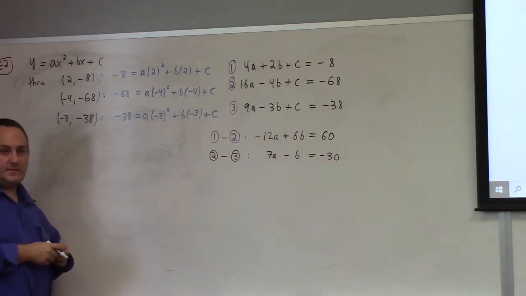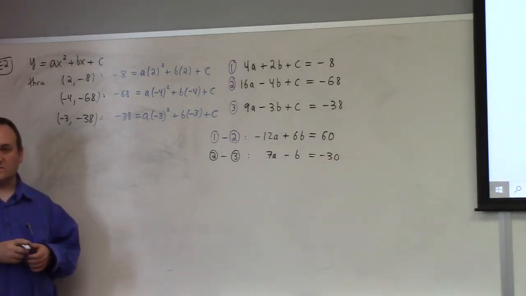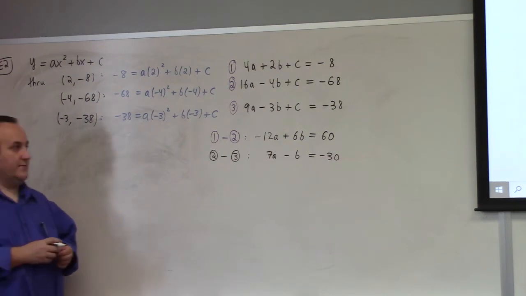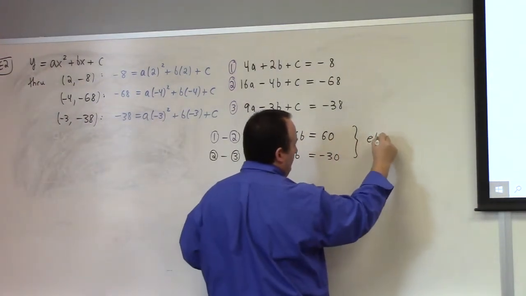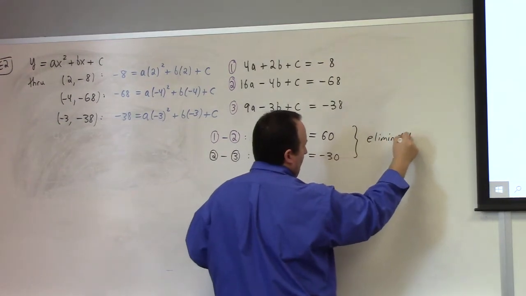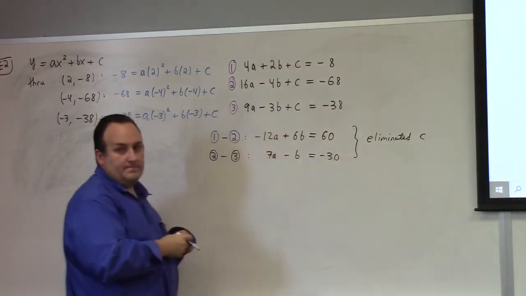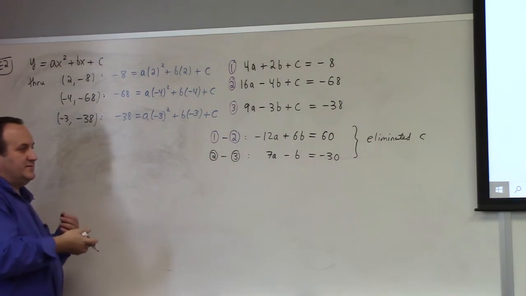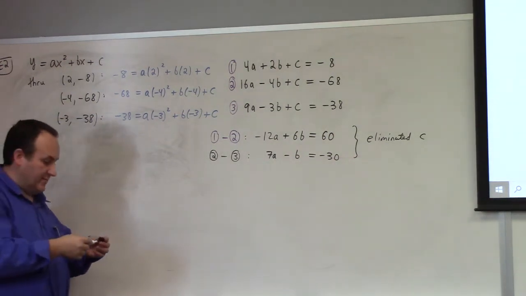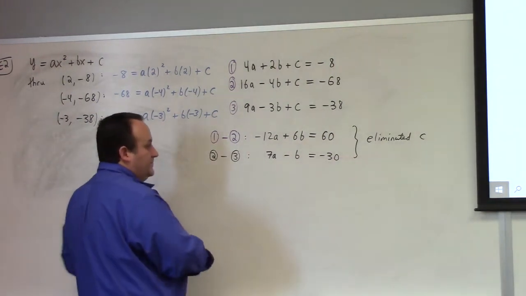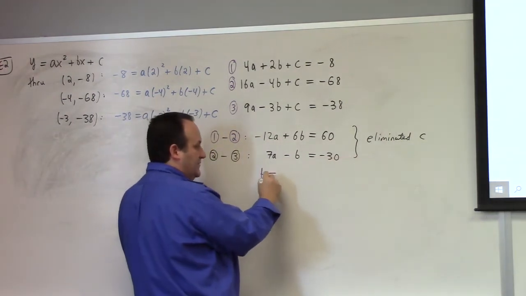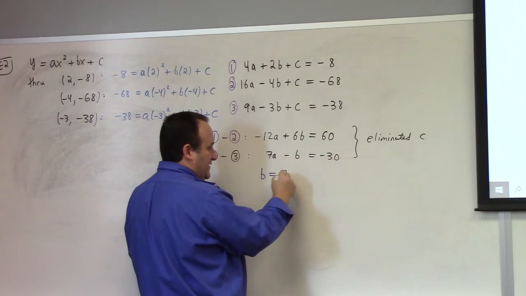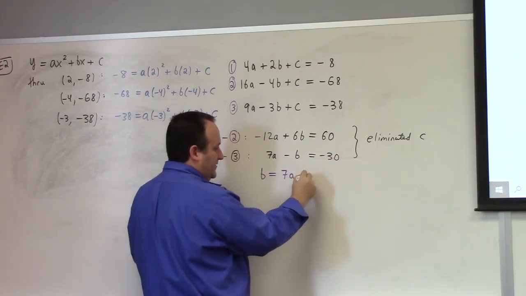All right? Now, when I see a system like this, I think substitution, right? So what I did was I deliberately eliminated c. Now I'm going to use substitution to finish the problem. I can solve this one for b, right? b is equal to 7a plus 30, is that right?